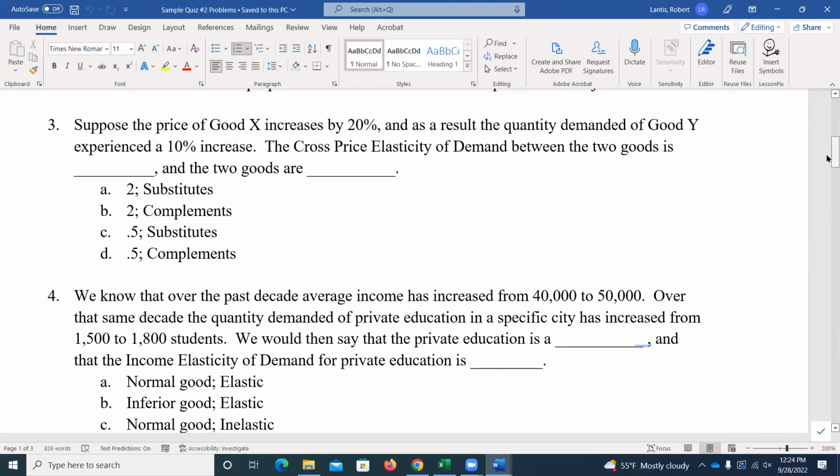You want us to round it? You can round to the second decimal. Like I said, usually I'll round to either the second or third decimal.